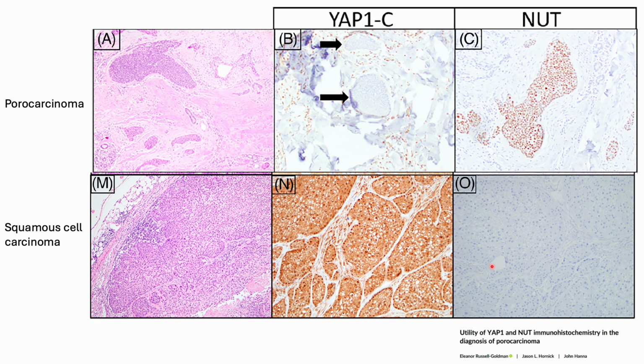In contrast, in the squamous cell carcinoma, where these fusions don't really operate at all, NUTM1 is negative, and the YAP1 C terminus is retained. So this would work fine for the porocarcinoma, which has a YAP1 NUTM1 fusion, but in the porocarcinomas with a MAML2 fusion, you'd have to use the MAML2 FISH.